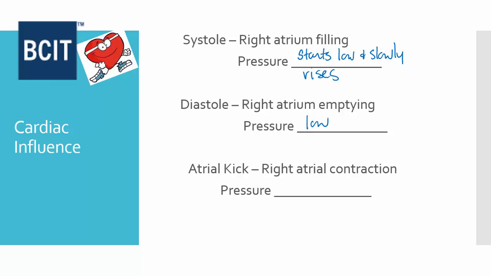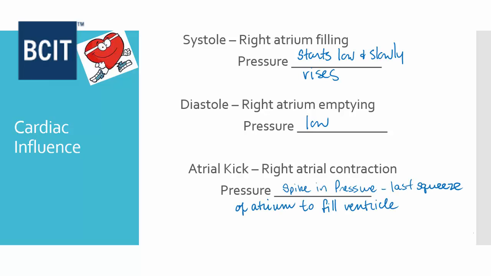So what happens is diastole, it's slowly rising, and then there's an atrial kick or right atrial contraction, that last squeeze of the muscle trying to squeeze the last bit of blood into that right ventricle. So during right atrial contraction, there's a spike in that pressure, and we can see that reflected in our spectral tracings.